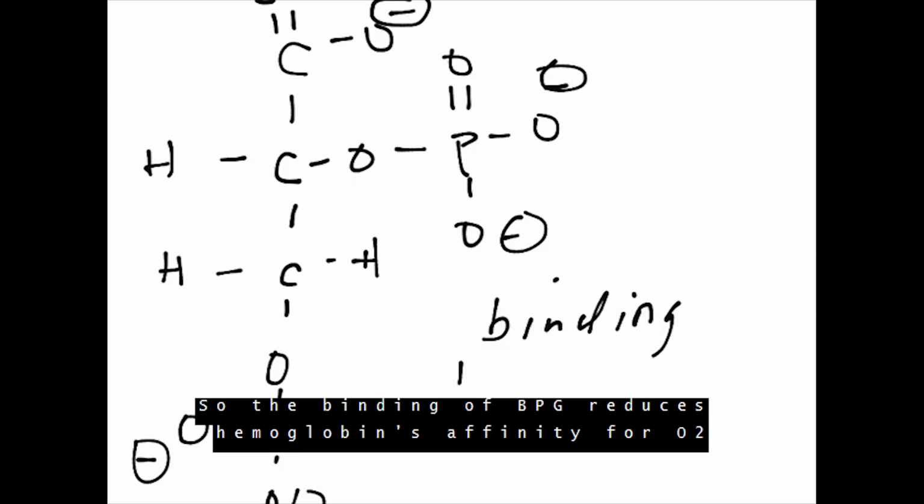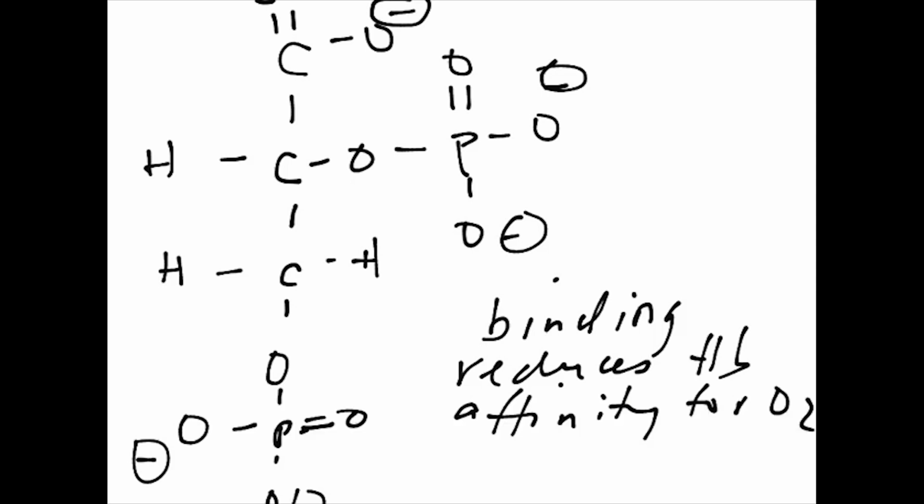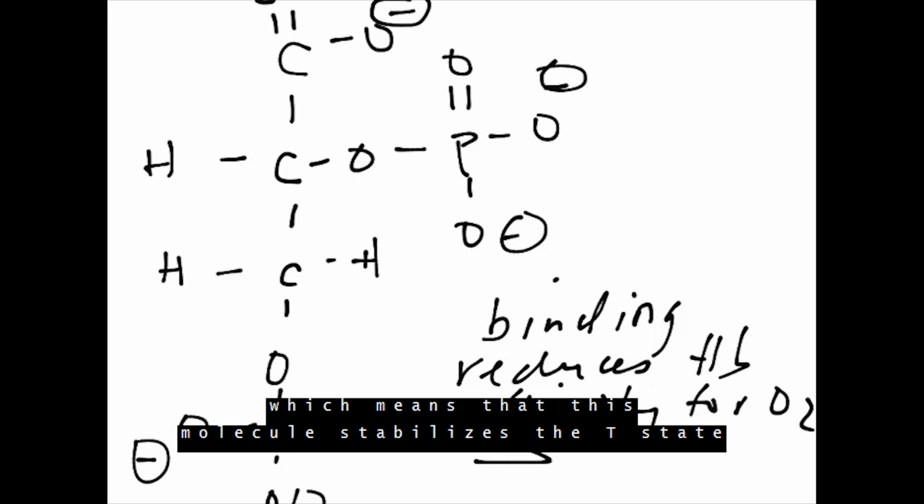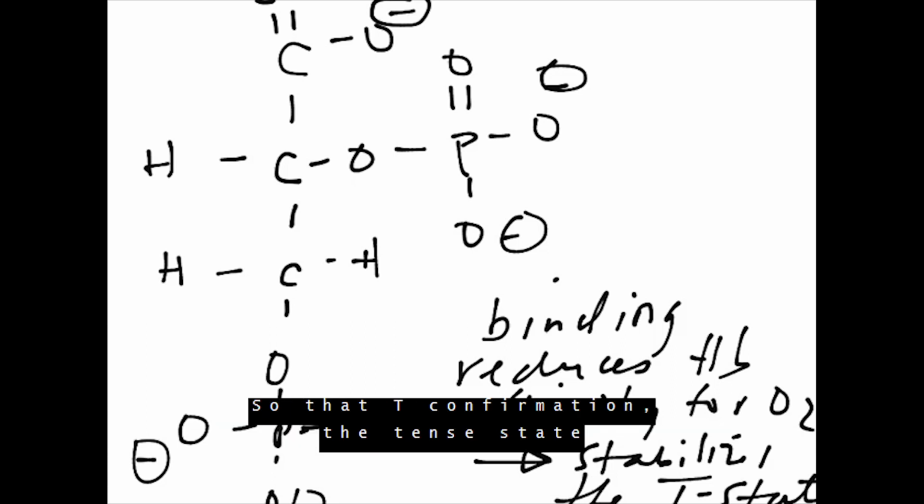So the binding of BPG reduces hemoglobin's affinity for O2, which means that this molecule stabilizes the T state of hemoglobin. So that T conformation, the tense state where we have low oxygen affinity.